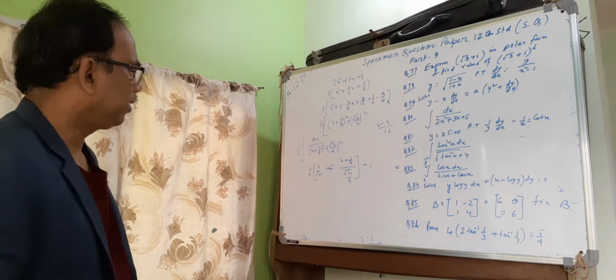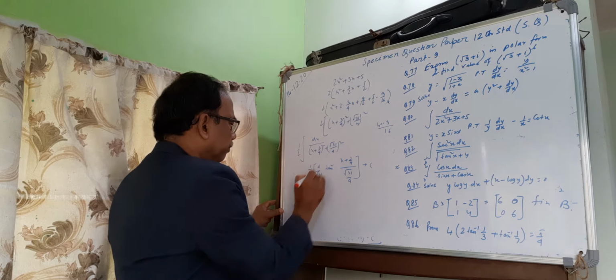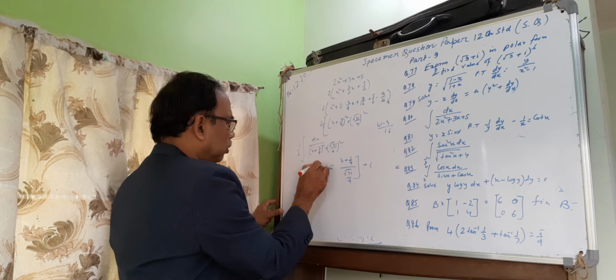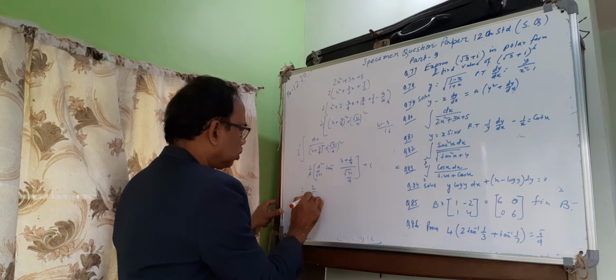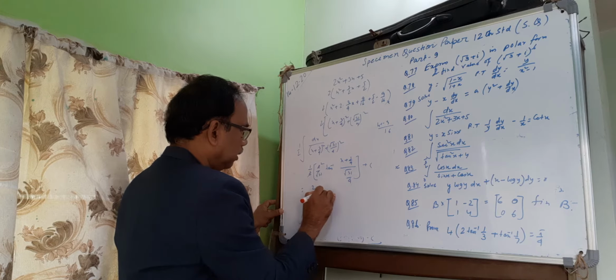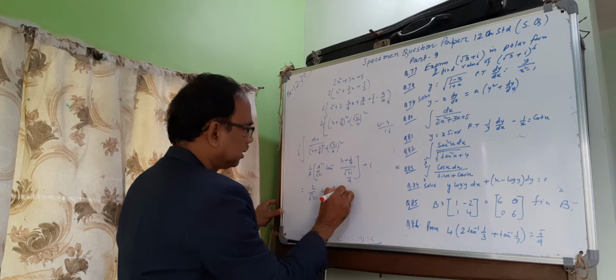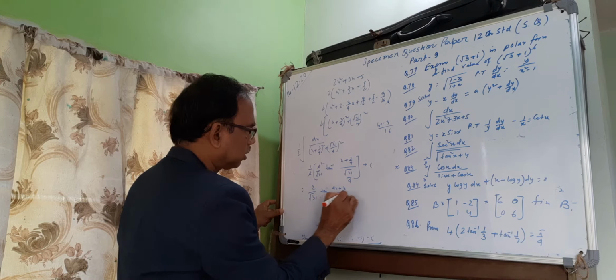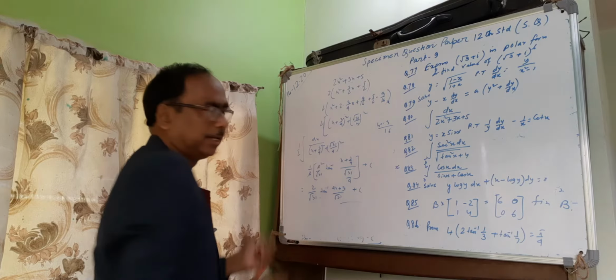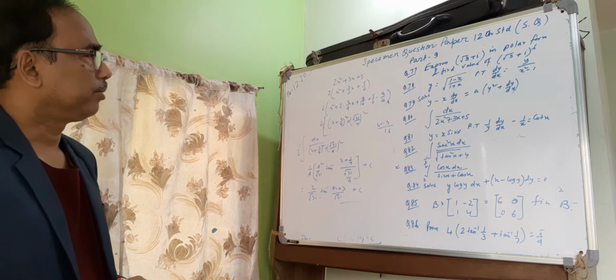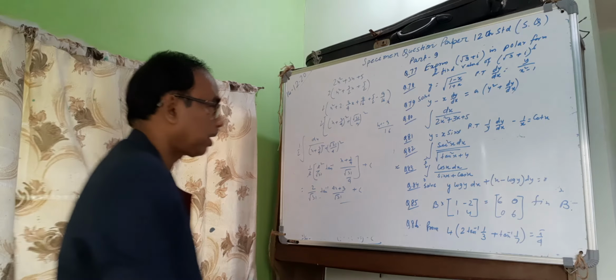You can simplify it: 2 by √31 tan inverse of (4x + 3) by √31 plus c. That is the integration value of this given sum.